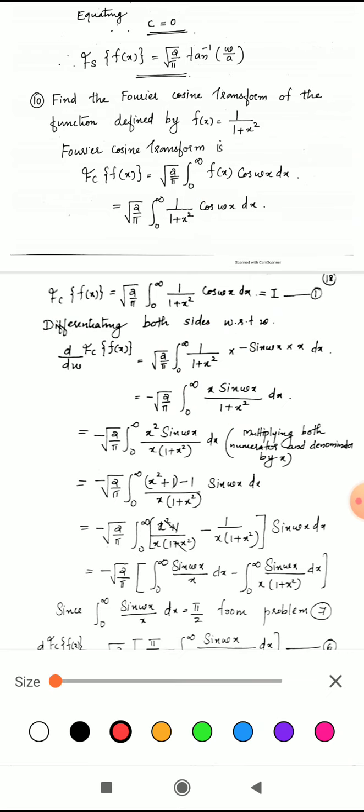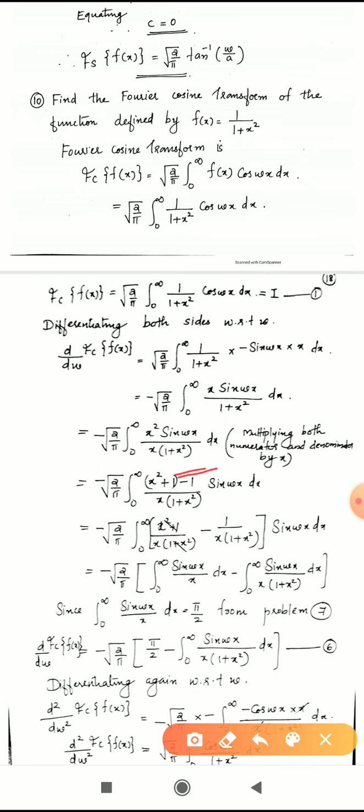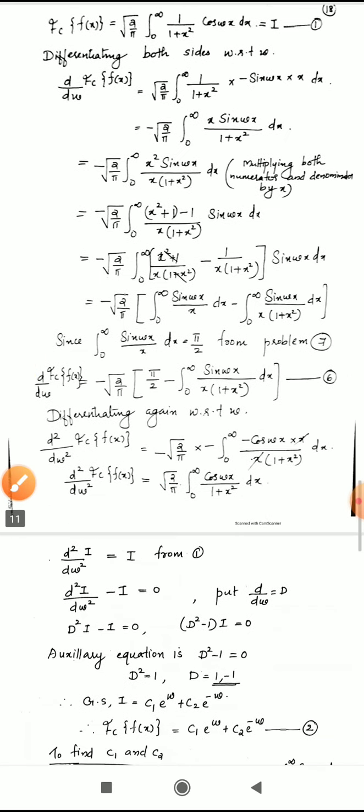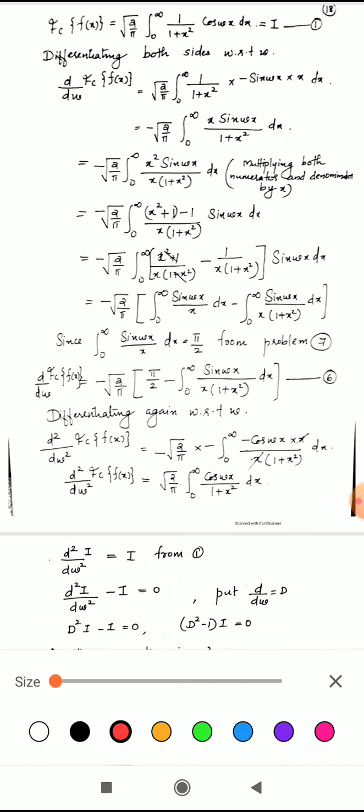Then in the numerator we add and subtract 1: x square plus 1 minus 1 into sin omega x by x into 1 plus x square. Next step, separate the terms: x square plus 1 by x into 1 plus x square, and 1 by x into 1 plus x square. That is equal to minus root of 2 by pi integral 0 to infinity.